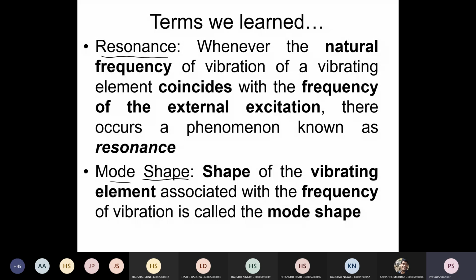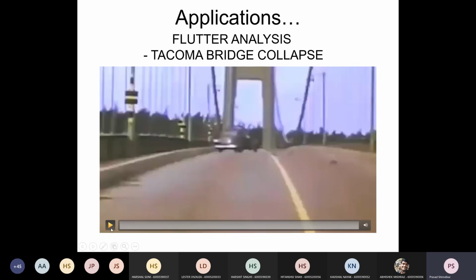Now, whenever an introductory lecture on vibration is given, the lecture cannot be complete without this video of the Tacoma bridge collapse. I don't know if you have seen this video earlier.